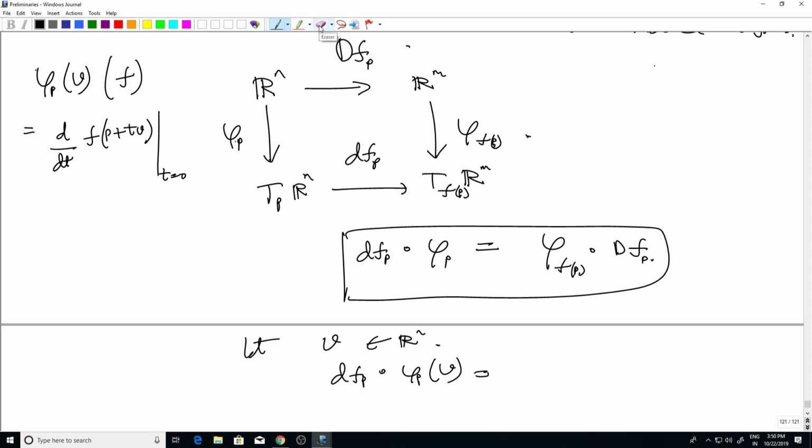Well, after all, this Vp is going to land here and dfp of that is going to land here. So it's a derivation on C infinity Rn. So I should act it on a function on Rm. So let alpha belong to C infinity Rm. Then it's a matter of plugging in here and checking.